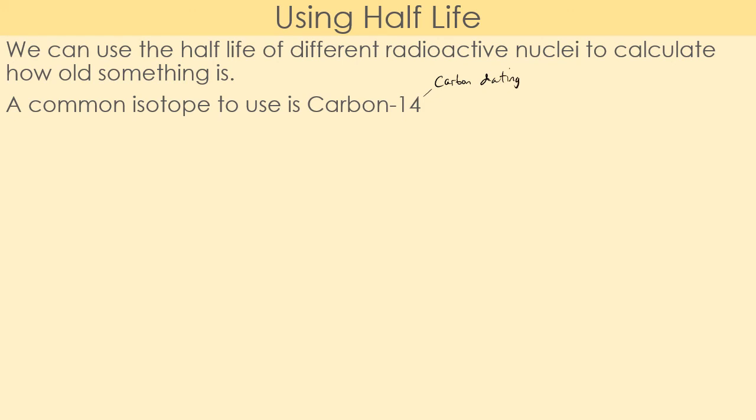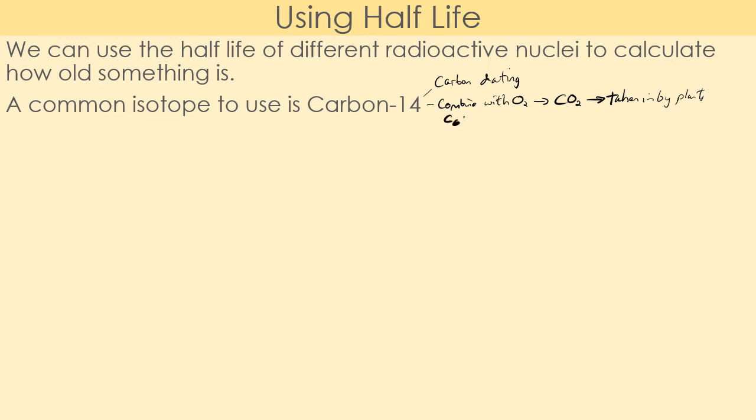Carbon-14 combines with oxygen to make carbon dioxide. This carbon dioxide is taken in by plants, and through photosynthesis they make glucose.